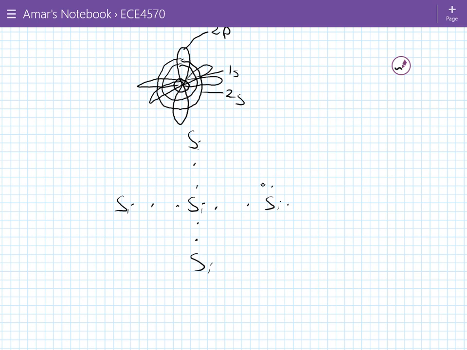So each of these silicon atoms has 4 electrons around it, and these form covalent bonds. These two electrons will be shared between the neighboring atoms. So what the actual orbital looks like is something like this. They form these dumbbell-shaped patterns.